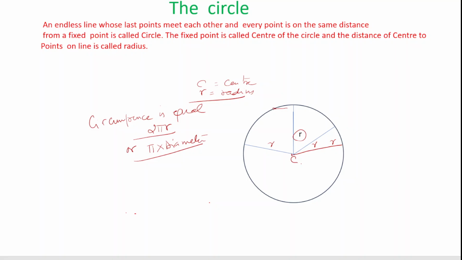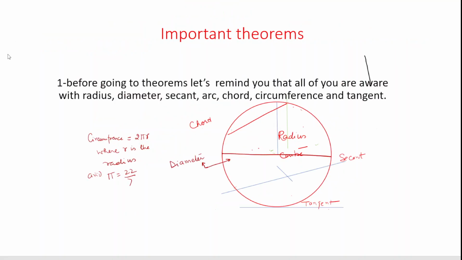So now come to the important theorems. Before going to the theorem, let us remind you that all of you are aware with radius, diameter, secant, arc, chord, circumference, tangent. This is radius, you know, in the last page.